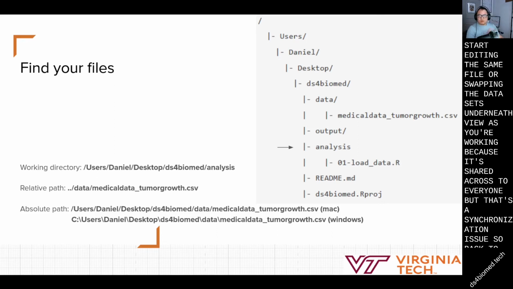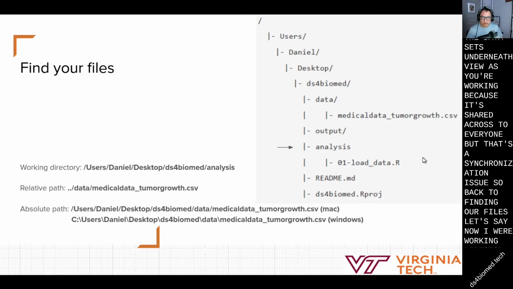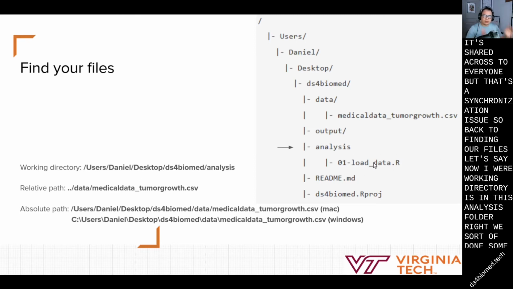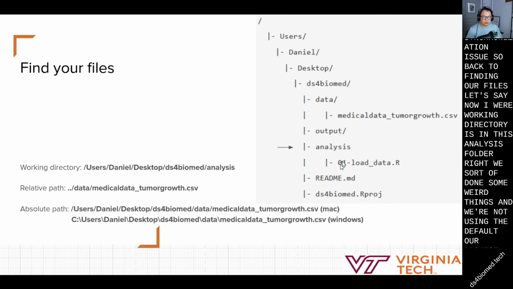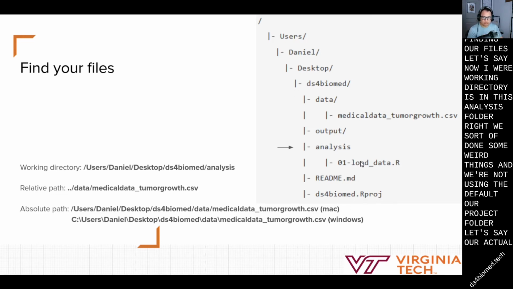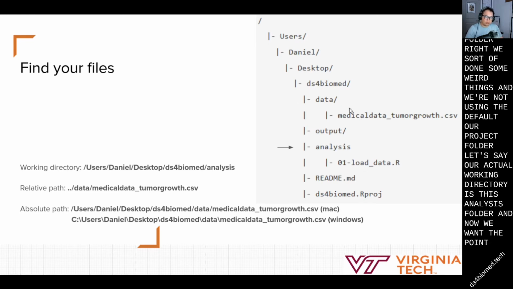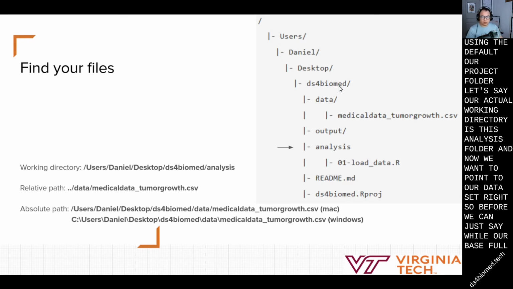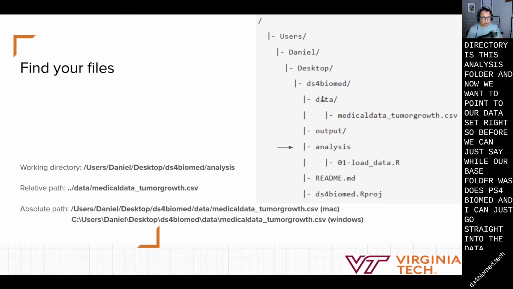So back to finding our files. Let's say now our working directory is this analysis folder. We've done some weird things and we're not using the default R project folder. And now we want to point to our data set. Before, our base folder was this ds4biomed, and I could go straight into the data folder.